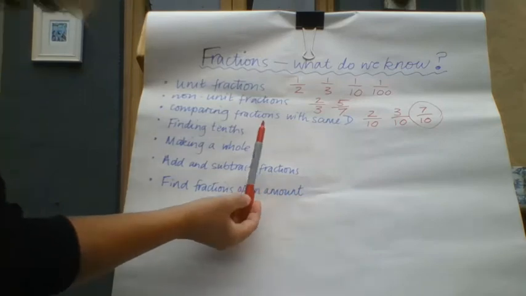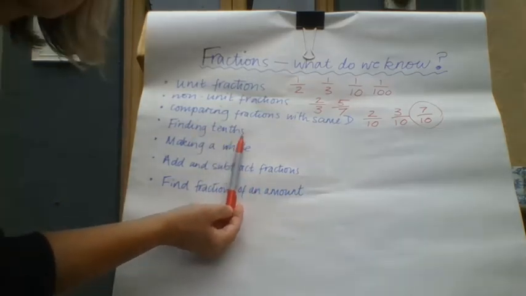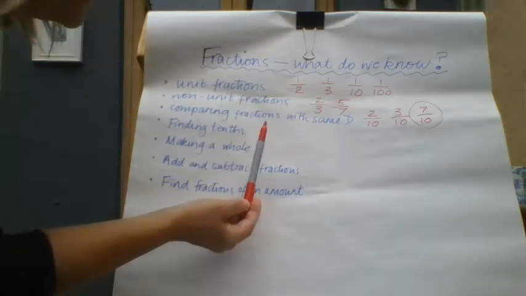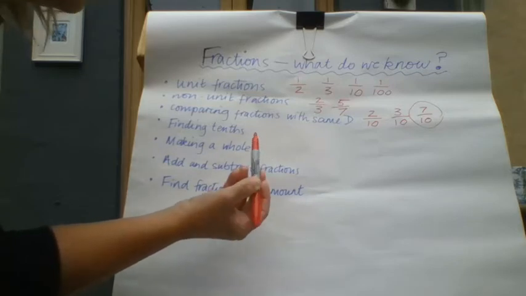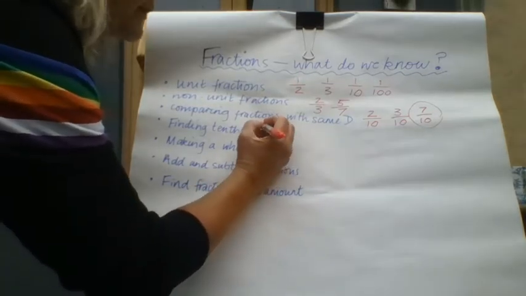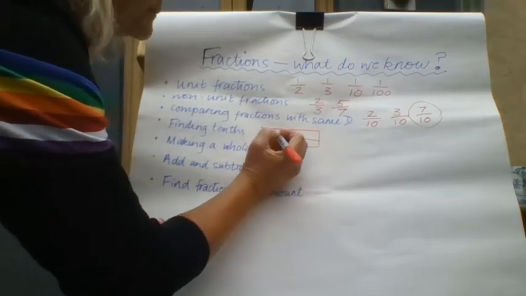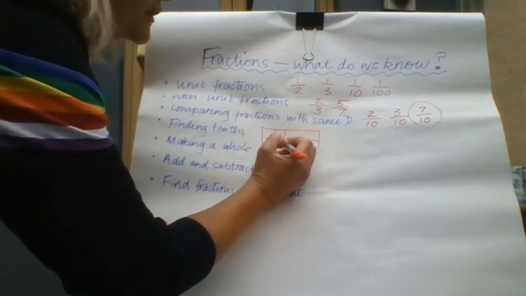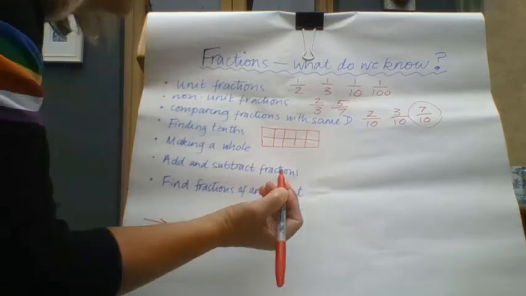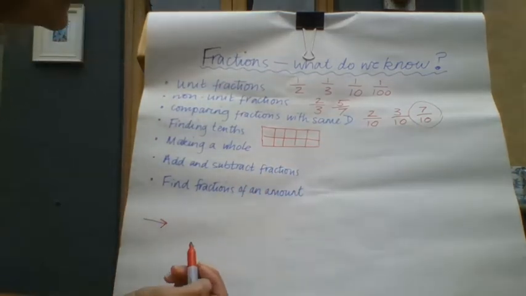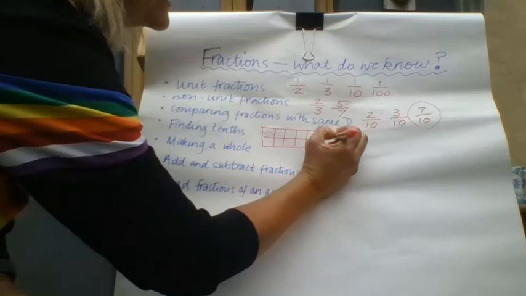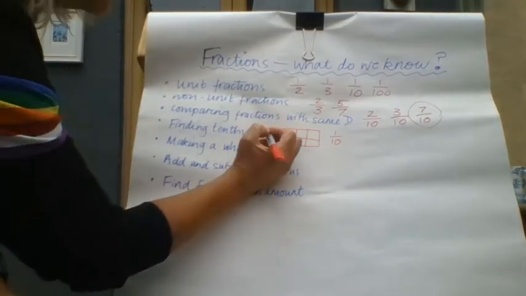You've also done some work this week on finding tenths. Mr Cottle did a brilliant video all about tenths, and we know that if we think about tenths, we can think about a whole and splitting it into 10 equal parts. And so when we talk about 1/10, we're talking about 1 out of those 10 parts.